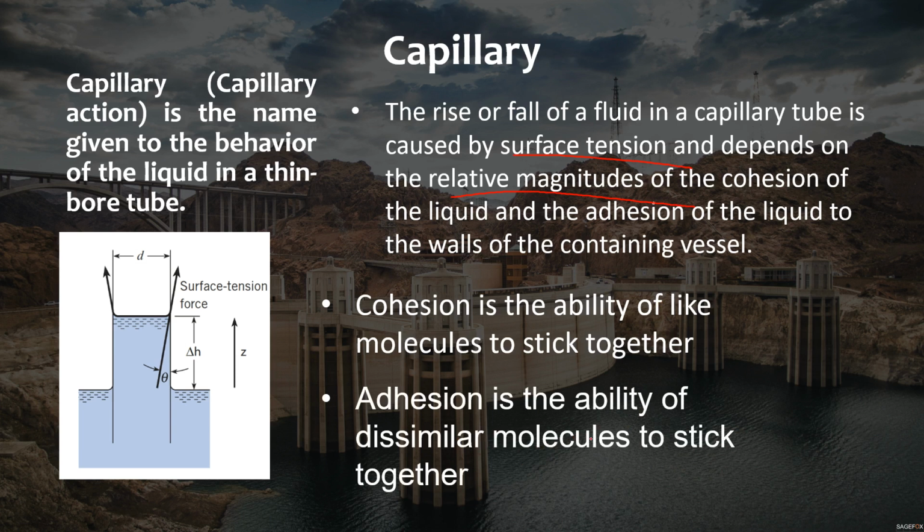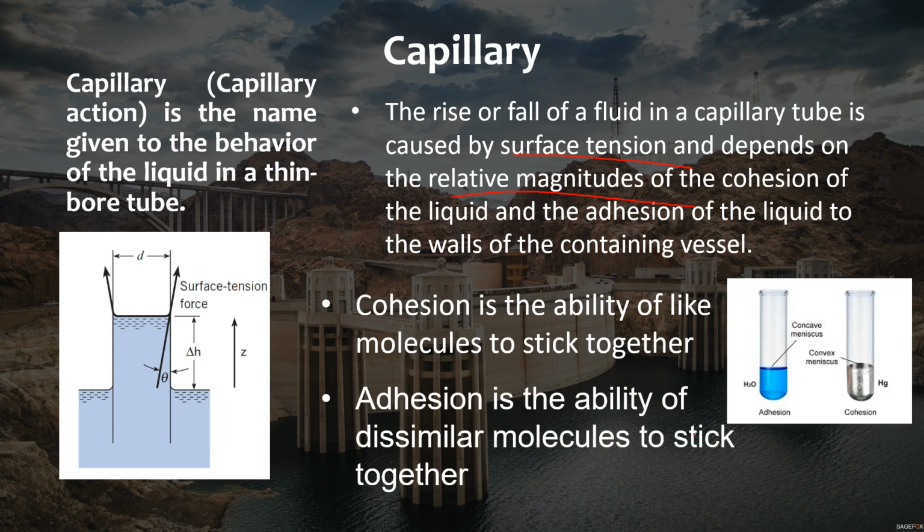This is how it looks if the liquid is too cohesive, or if the tube and the liquid have an adhesion effect. This is the example for that. So it will depend on the concavity of the surface of that liquid when put into a container or a tube. When the liquid is too cohesive, their molecules really stick together, and the concavity of the surface will be downward.